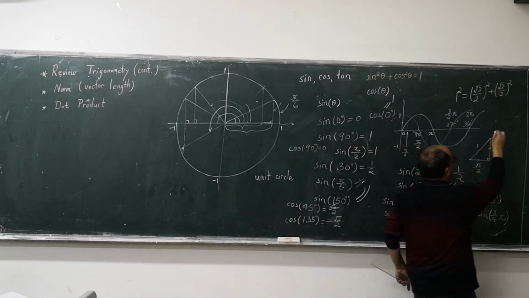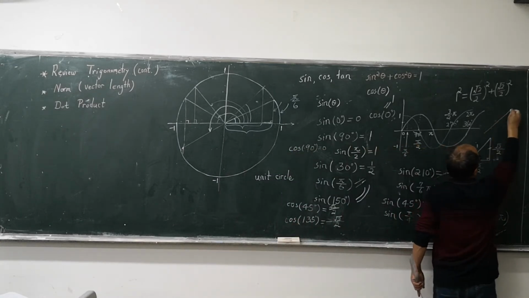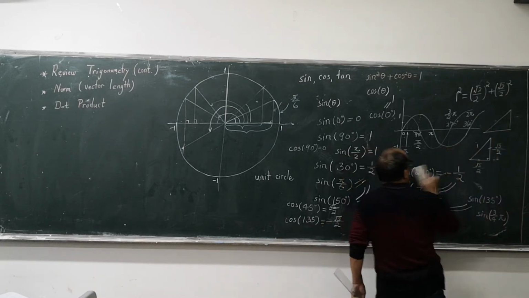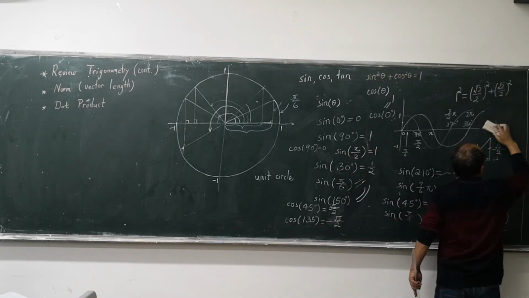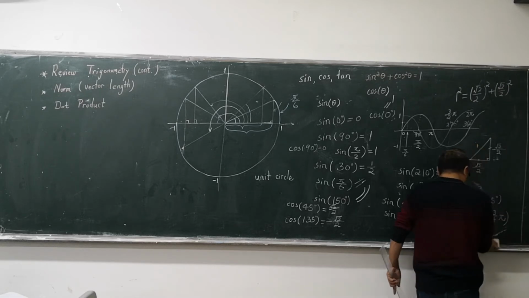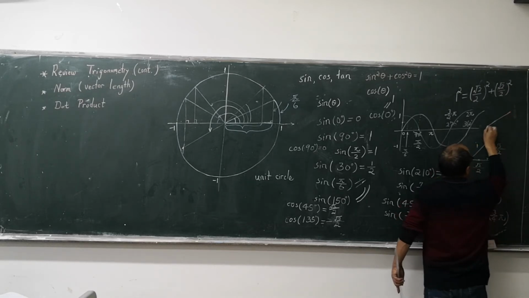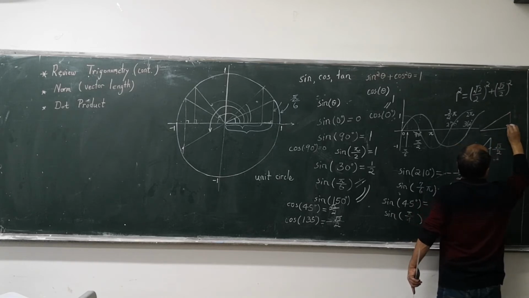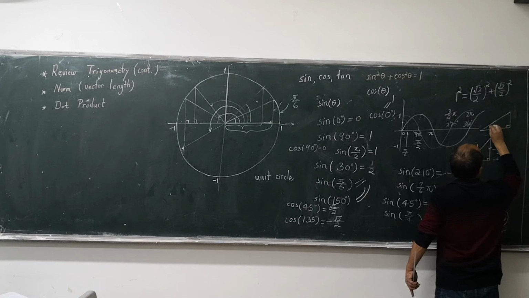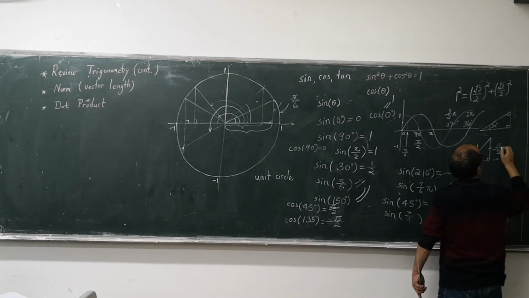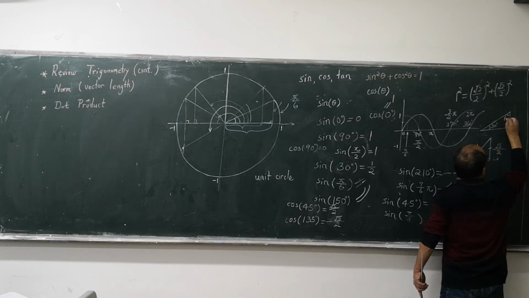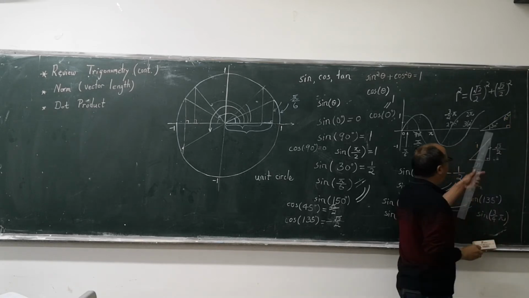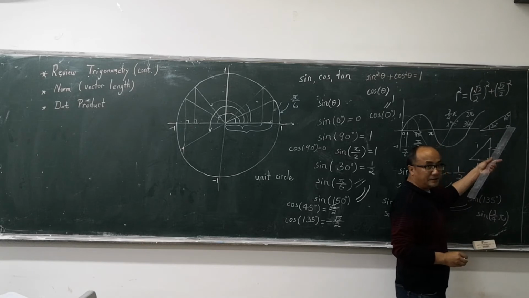If you really need it, 30 degrees, okay. Oops, this is a bad drawing. This is 30 degrees, and here is 60 degrees. 30, 60, 90.